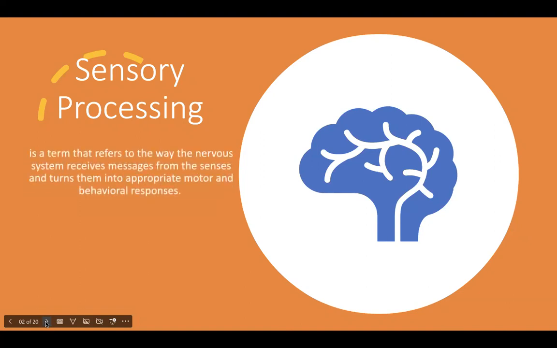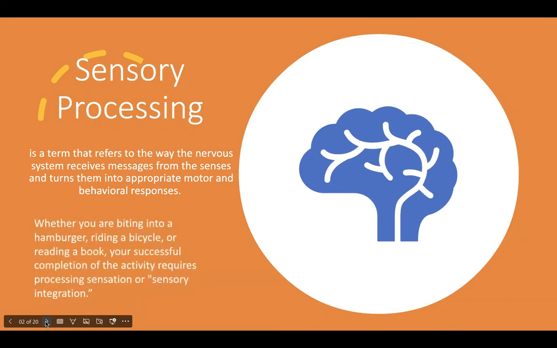When we think of sensory processing, it's the term that refers to the way the nervous system receives messages from the senses and turns them into appropriate motor and behavioral responses. Whether you're biting a hamburger or riding a bicycle or reading a book, your successful completion depends on sensory processing.